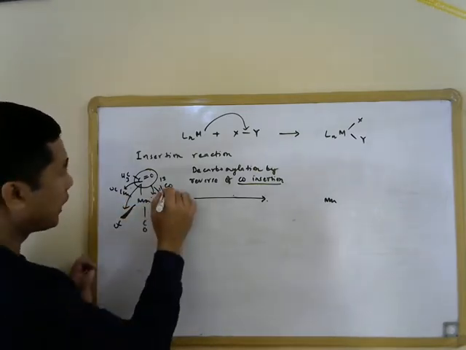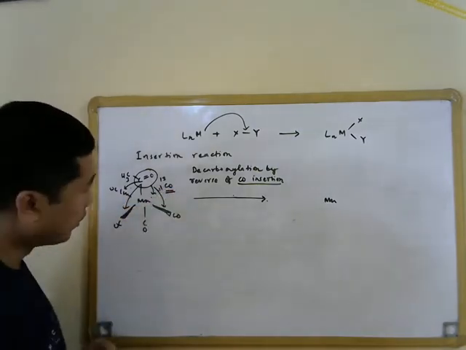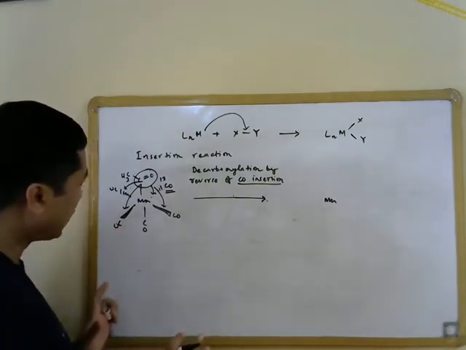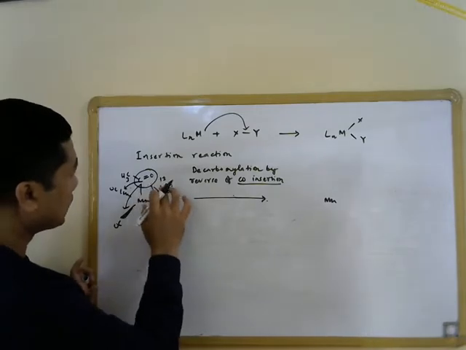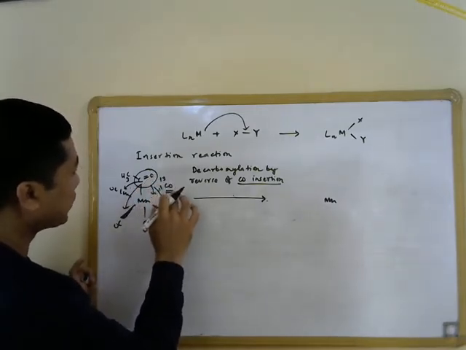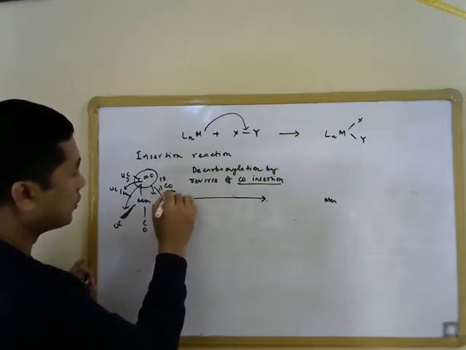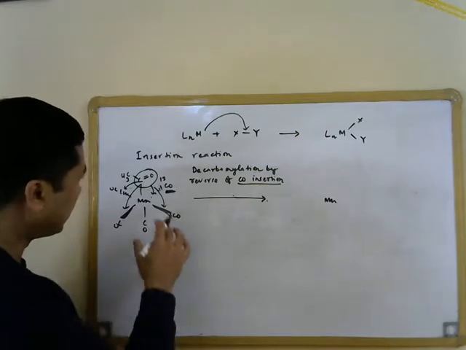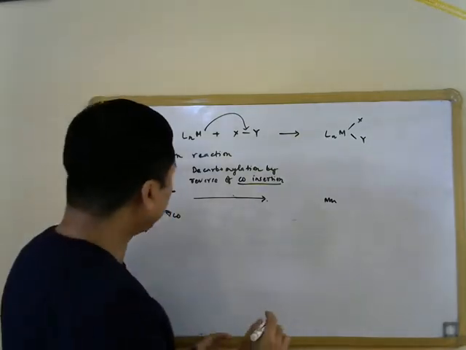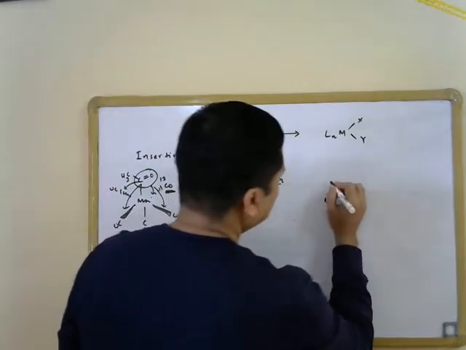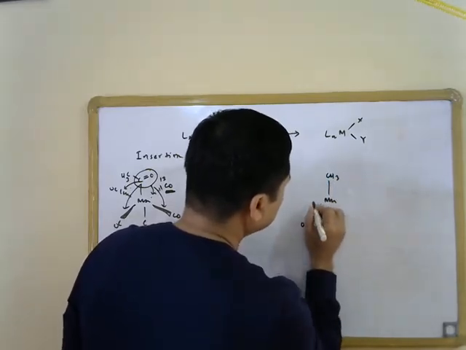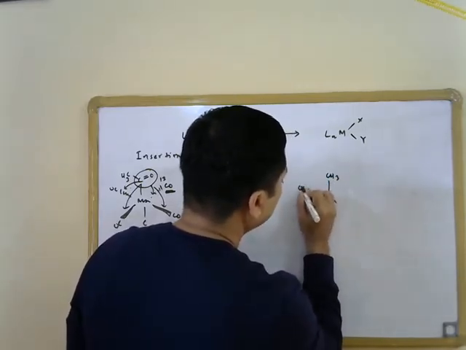Now there is one tagged CO group, while three of the CO groups are untagged. So since there is a 1/4 possibility of replacing this tagged carbon monoxide group by the CO group in the acetyl ligand, 25% of the product formed in this reaction will not have any tagged CO group.